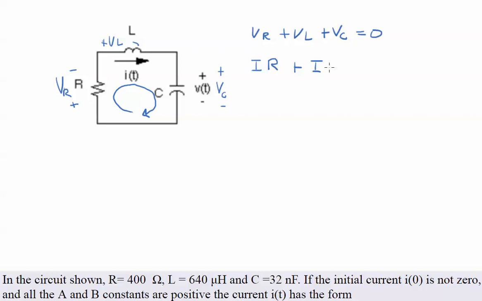I times SL is the voltage drop across the inductor in the S domain. And I divided by SC is the same for the capacitance. Those still sum to 0. Now, I is not 0, so we can pull it out and then kind of forget about it. And we'll rewrite this equation.